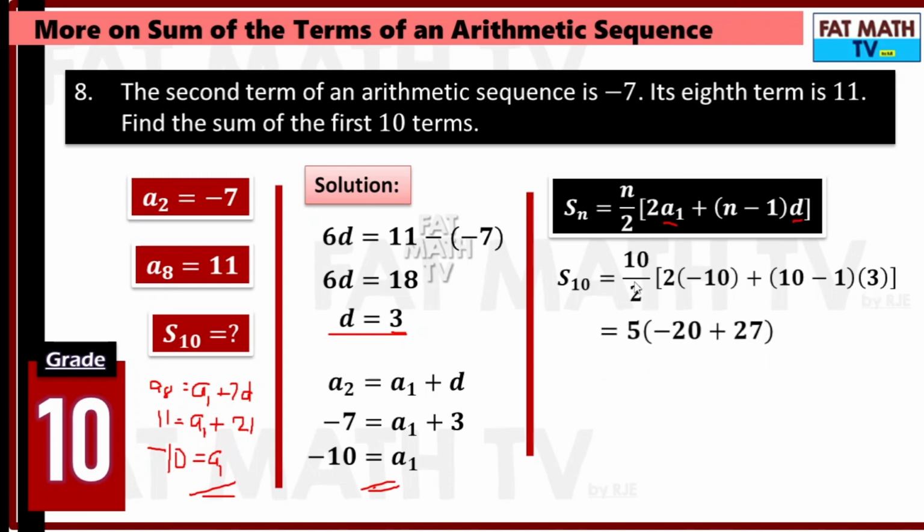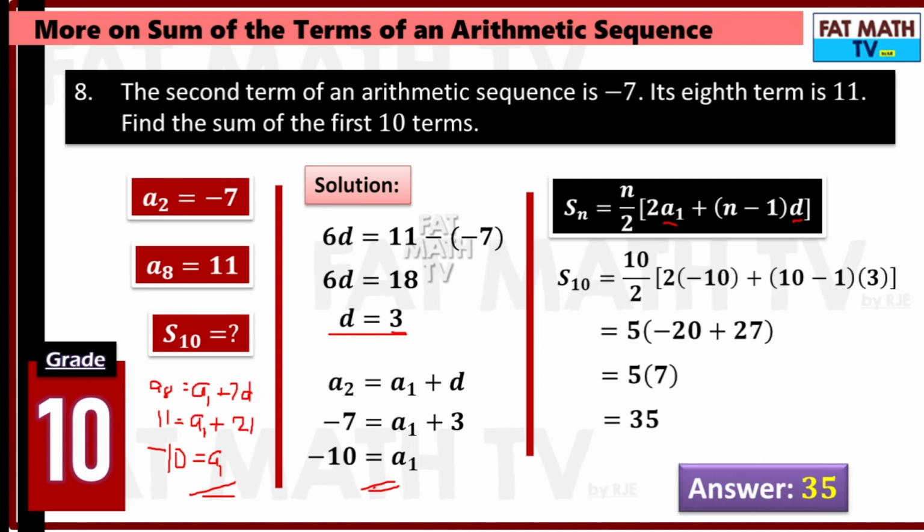So 10 over 2 is 5. 2 times negative 10 is negative 20. 10 minus 1 is 9. 9 times 3 is 27. Negative 20 plus 27 is 7. 5 times 7 is 35. So the sum of the first 10 terms, if the second term is negative 7 and the eighth term is 11, is 35.